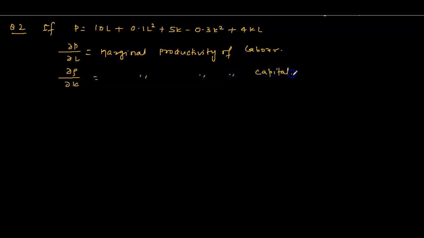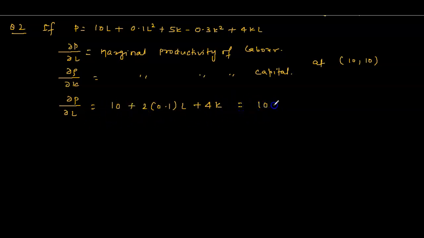We have to find this at 10 and 10. So we find del P by del L. This one is 10, this becomes 2 times 0.1 L, the constant term is 0, and the last term differentiated with respect to L becomes 4K. Now put L and K as 10.